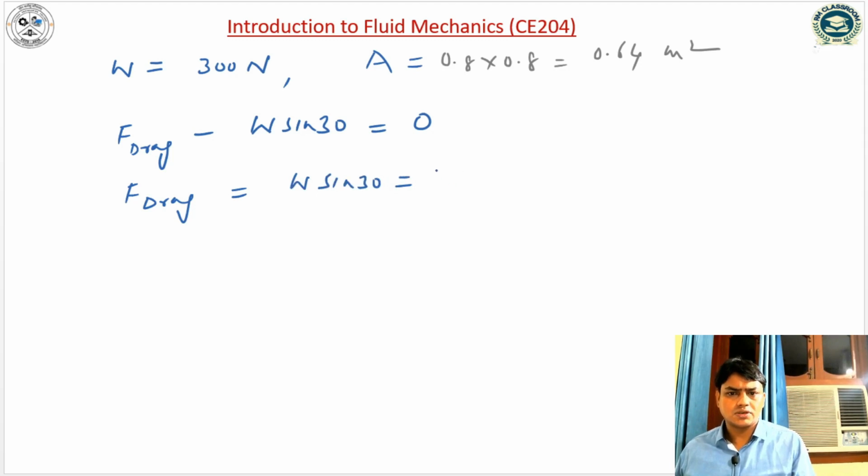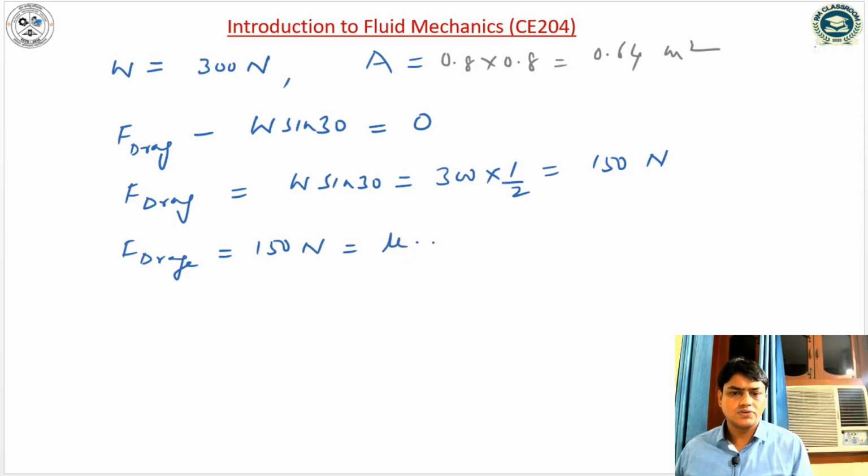So W is 300 into 1/2, so it will be 150 Newton. And this F drag is equal to 150 Newton, which can be written as mu into U by H into area.